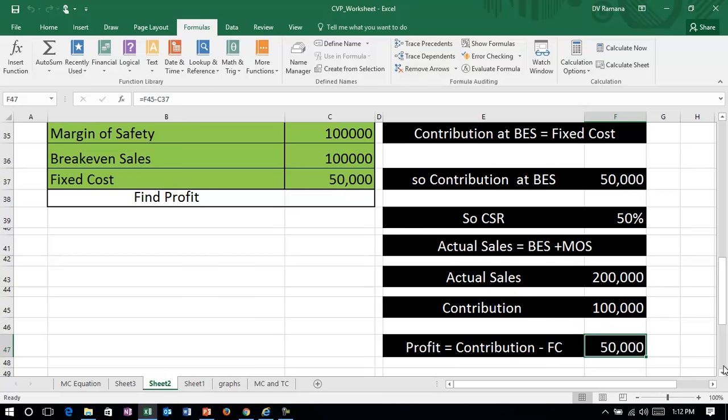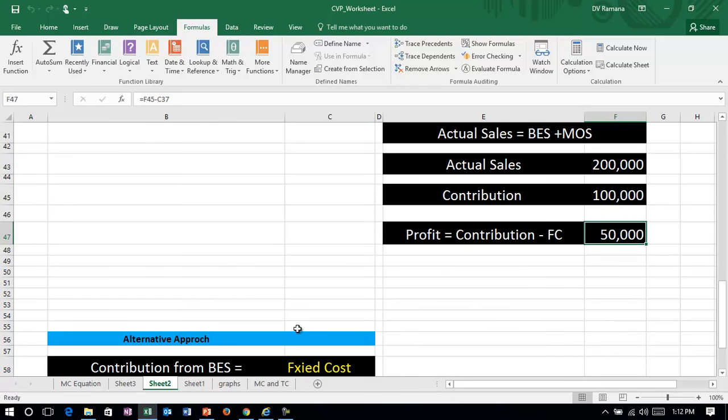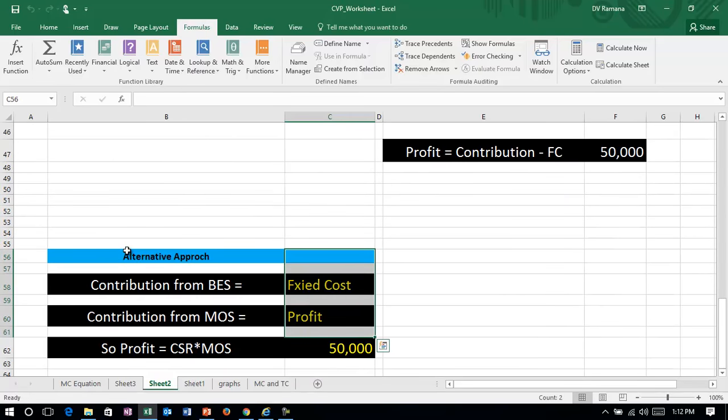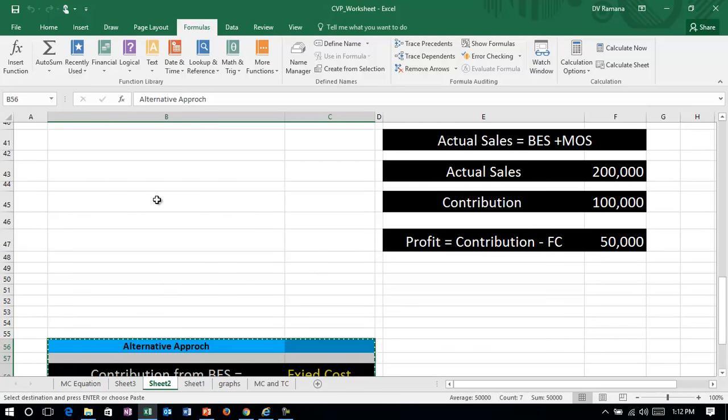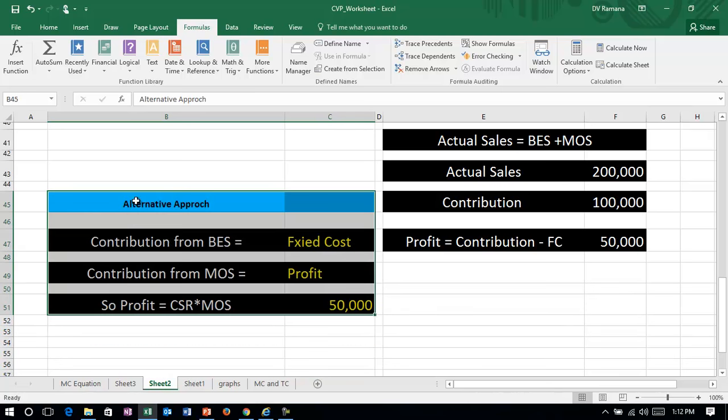But we can also find profit in an alternative approach, where we say that contribution from the break-even point is equal to fixed cost. Contribution at the break-even point is fixed cost. Contribution from the margin of safety is profit.